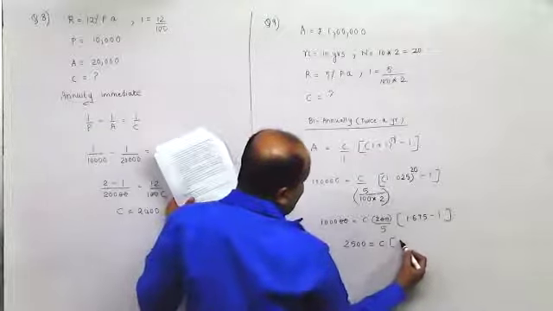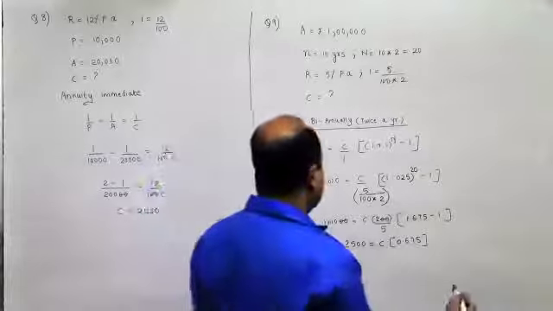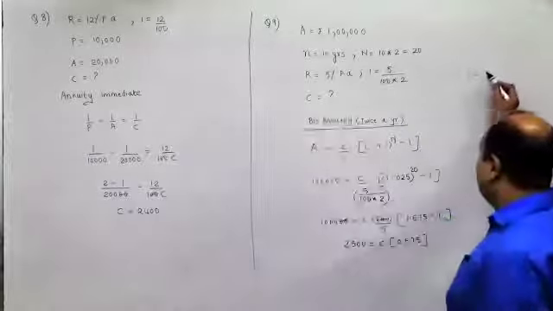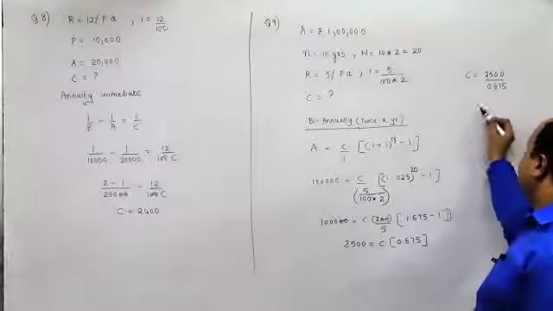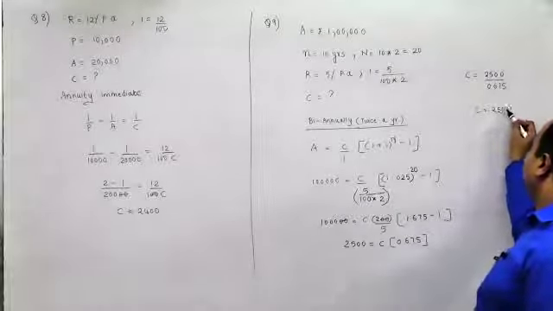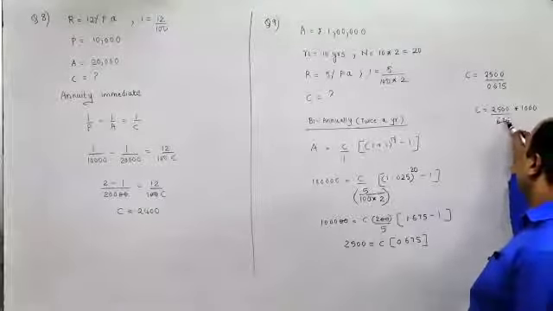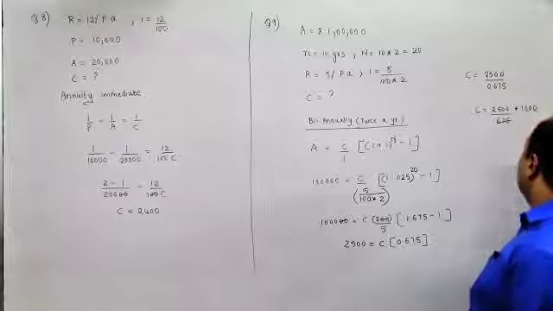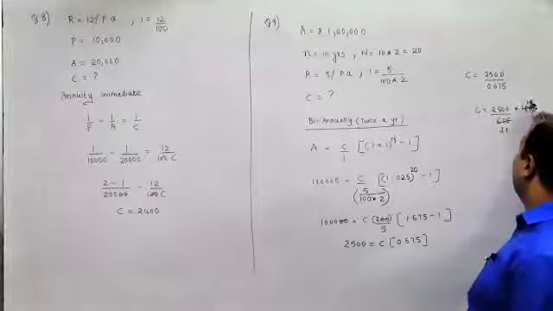This is 0.675. So when I take it down here, this would be C equal to 2500 upon 0.675, or I'll say 2500 into 1000 upon 675. Now 25 2s are 50, 175, 7s are 25, 40s are.